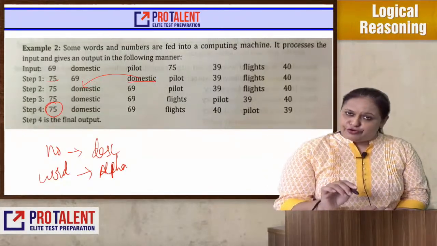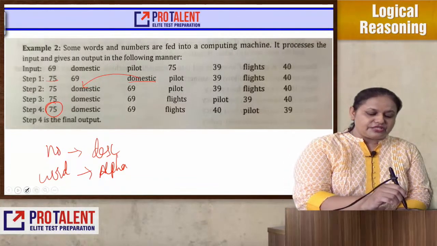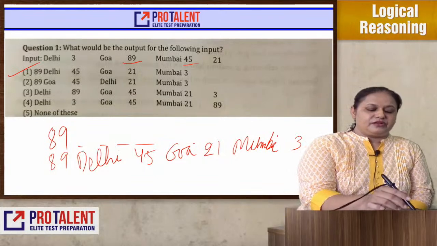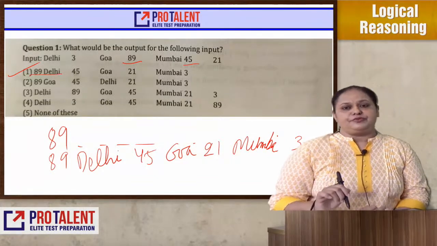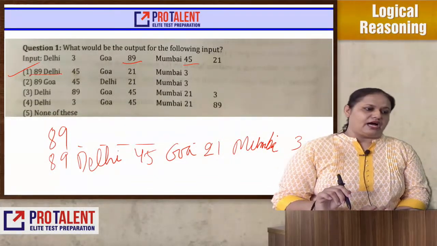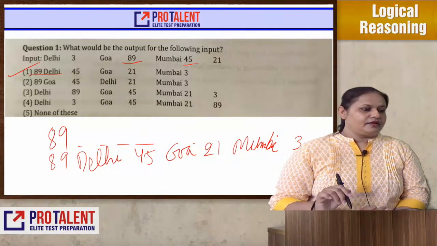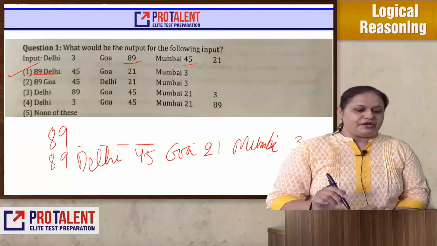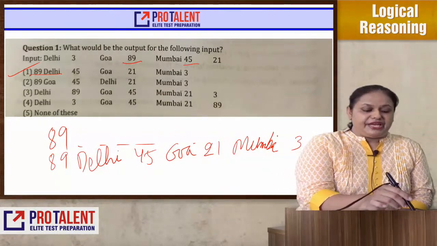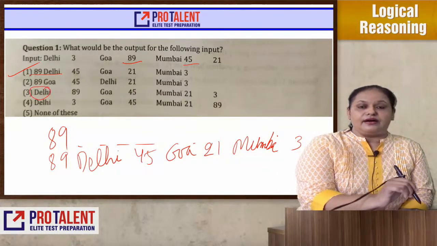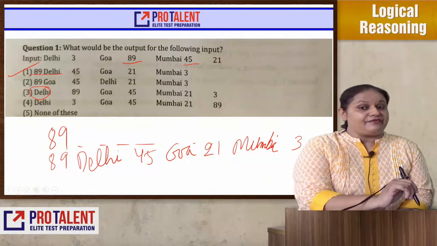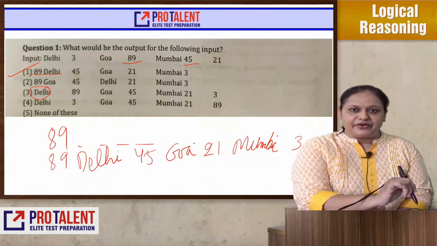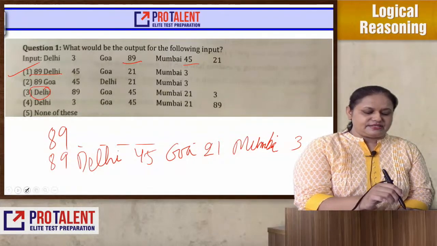So we have to follow this logic, and as per it, 89 is the first number, and then there has to be the alphabet. So the first option is the answer. Jaysing, now you got my reason, right? Why not the third option? Because in the third option we have a word as first and we want a number as first in the sequence. Alright, fine. Let's move on to the next.